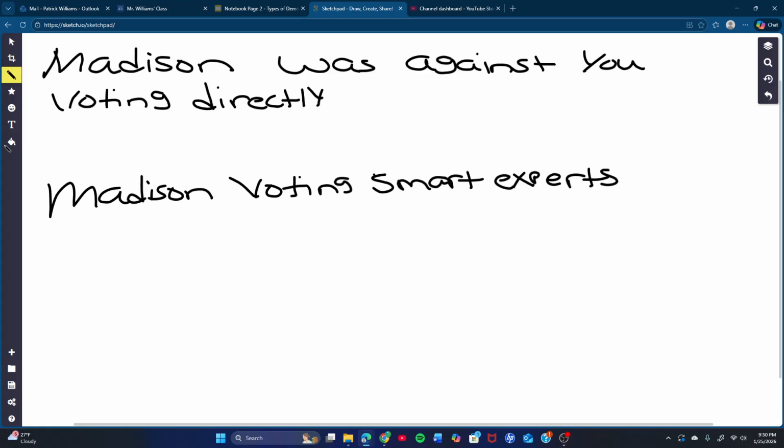Madison supports voting smart experts in, okay? Which means he wants you to vote these people in and they'll make the decisions for you, right? He's saying that doesn't allow factions to take over the country. So that's what he's saying.